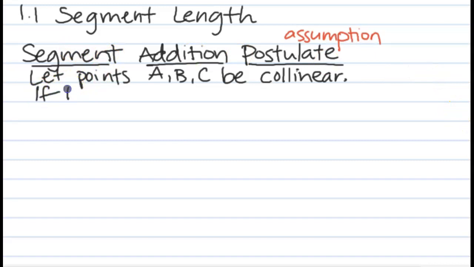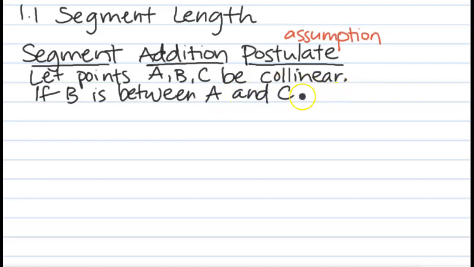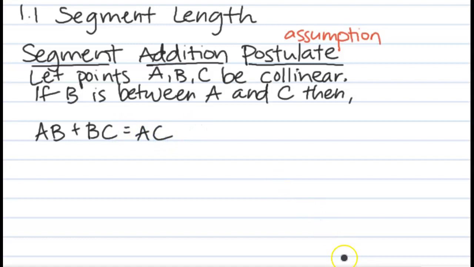If point B is between A and C, then AB plus BC, I'm going to give myself a little more space here to really focus on this part. AB plus BC equals AC.